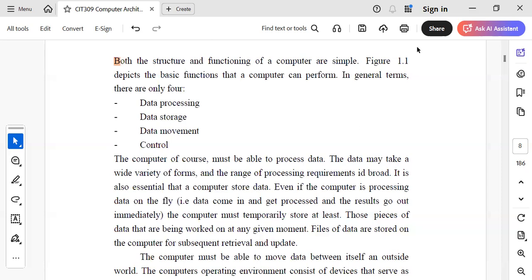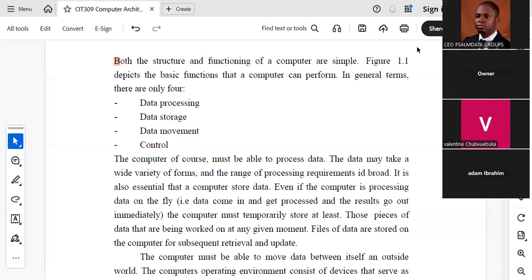Is the owner available? The owner, are you available? Okay, we don't have time to waste. I hope I'm back now. The owner, I'm sorry, I was having network issue there.